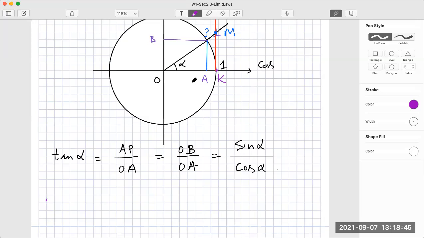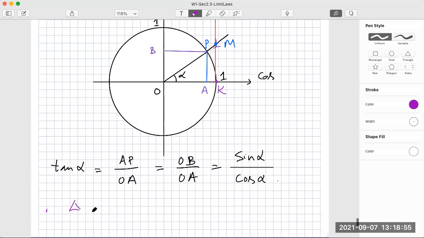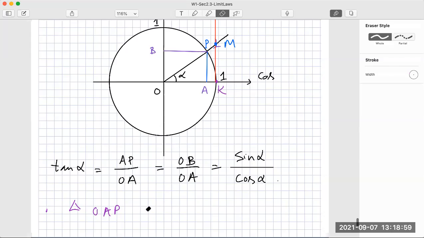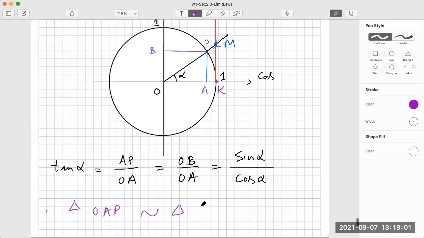Great. Thank you, Jane and Isaac, and Christian. They're similar, right? Good job. Then the triangle OAP is similar to the triangle OKM.